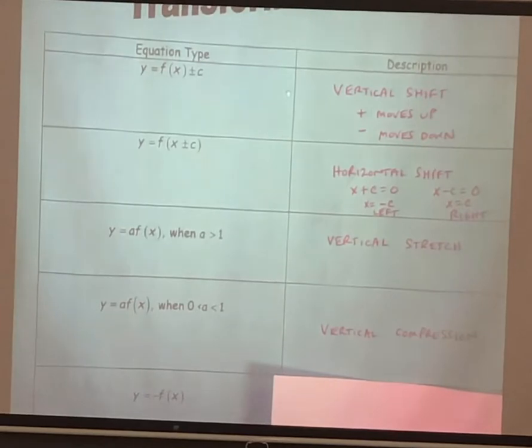So it flattens the curve. Hopefully your curves look that way when you plotted those on your calculators. Okay, let's go ahead and go to the next one.